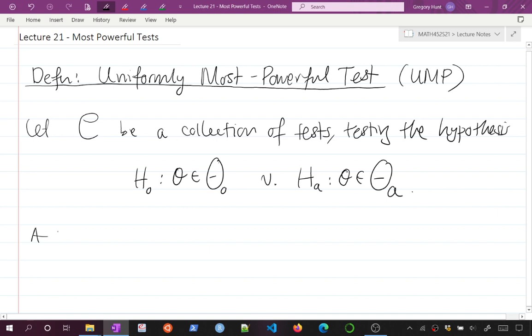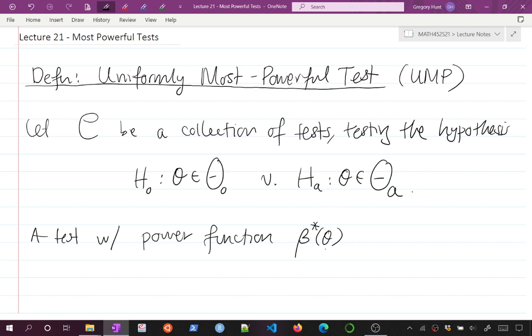So we say that a test with a power function beta star of theta. So for each test in this class, they're going to have some associated power function. And the power function tells us the probability of rejecting. Well, we could just write out what the power is, right?